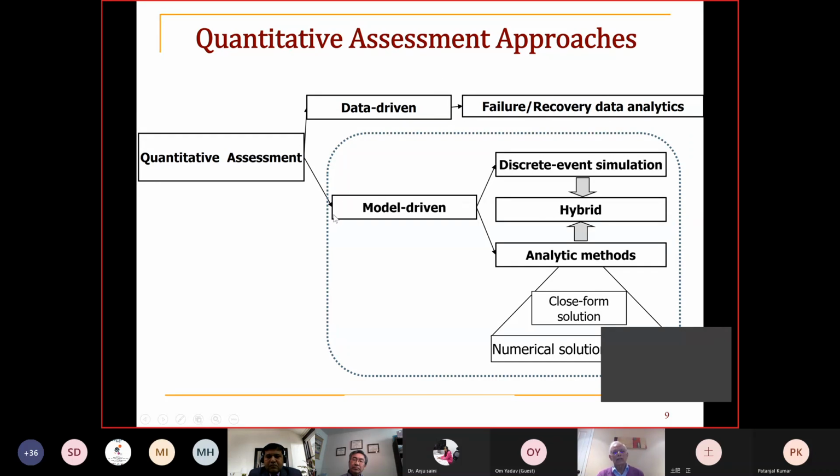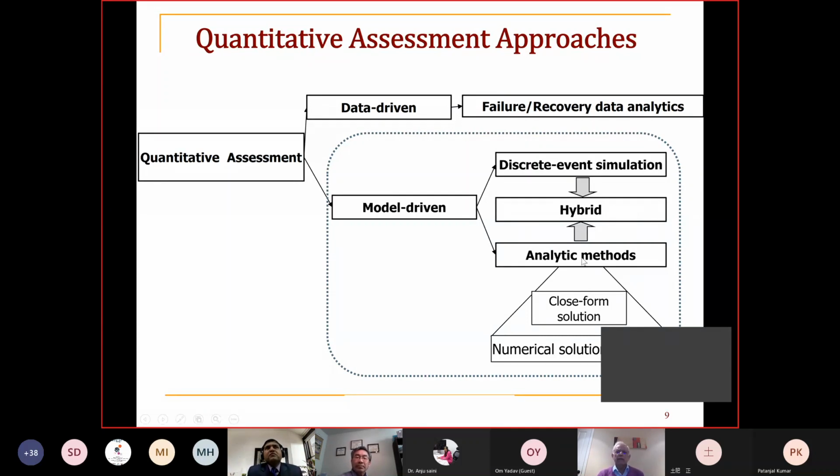An alternative to that is the model-driven approaches, and models can be solved analytically if you're lucky. Otherwise, you may use simulation, discrete event simulation, and I would like to see more and more in the future a combination of analytic and discrete event simulation for the same system model.